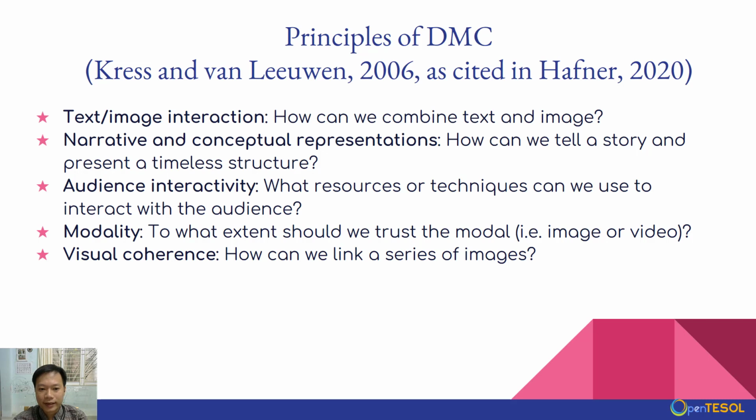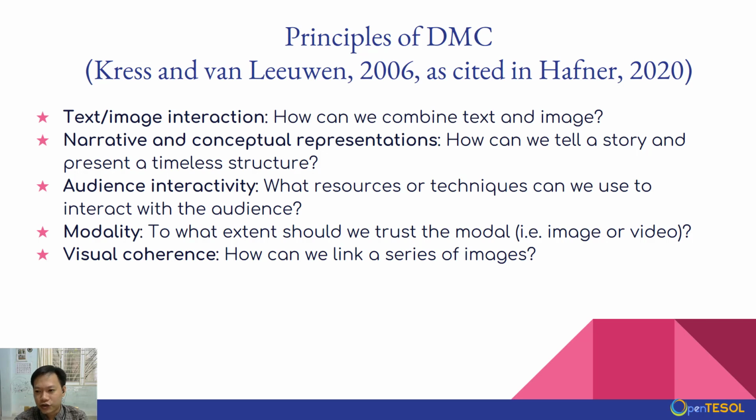Third, audience interactivity. What resources or techniques can we use to interact with the audience? So basically, this principle is connected with the technological affordances. What are the tools? What is the technology that we can use to interact with the audience? And fourth, modality. To what extent should we trust the mode? Because we are encouraging students to develop image and video editing skills.